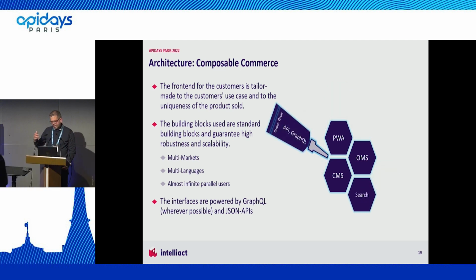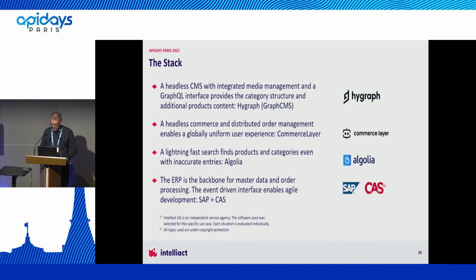In this approach, APIs, and in this case specifically GraphQL, were the glue that keeps together the progressive web application, the front end, the order management system and the content management system. We built it all on the following stack.